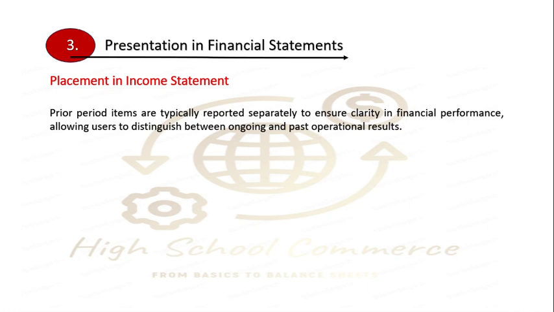So in the income statement, the prior period items are not allowed to be merged with any other line item. It needs to be shown separately so that the user of the financial statement can understand its impact separately and distinctly.